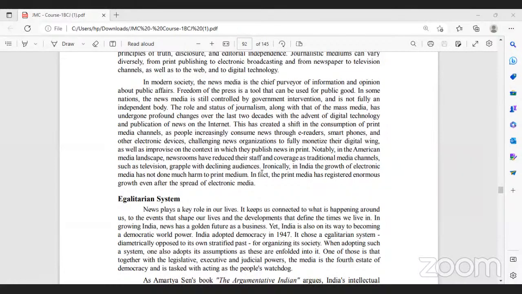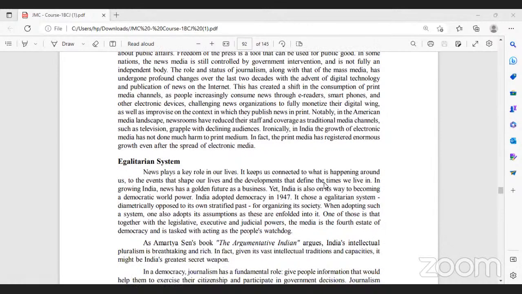At the same time, we also see there is an egalitarian system. So news plays a key role in our life, which we cannot deny, as we are getting connected with all these happenings around our world.